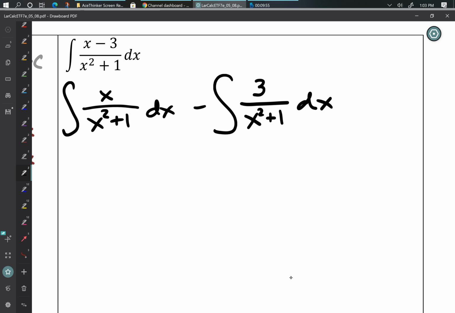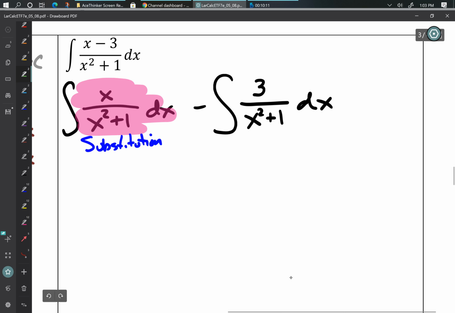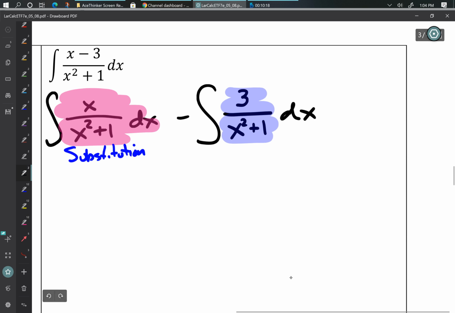And why did I do that? Well, I saw when I was attempting to do plain old substitution that this would have been good for plain old substitution. And I saw that this would have been good for plain old arc-trig, if that was just there.